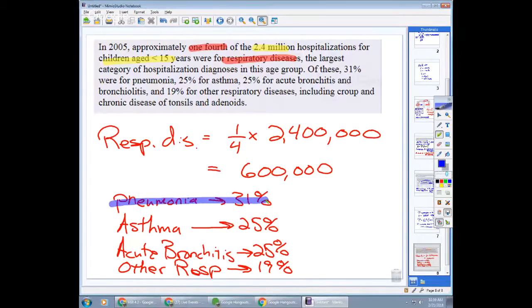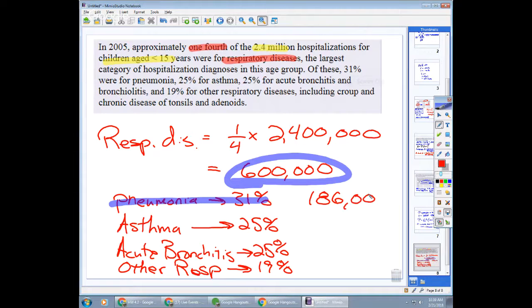Yeah, pneumonia is 31%, so we'll take the kids that have respiratory diseases, 31% of them. What's 31% of 600,000? 186,000, that sounds about right. So 186,000 kids roughly had pneumonia in the hospital in 2005.